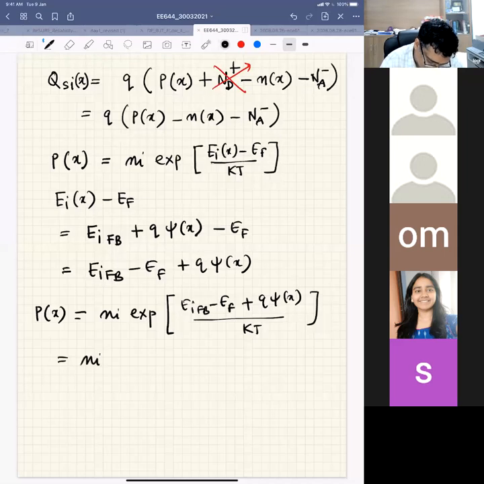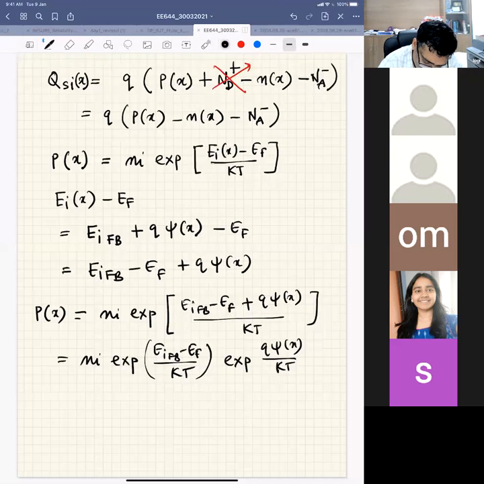So I could write this as exponential (EI flat band minus EF) by KT times exponential Q psi X by KT, right?